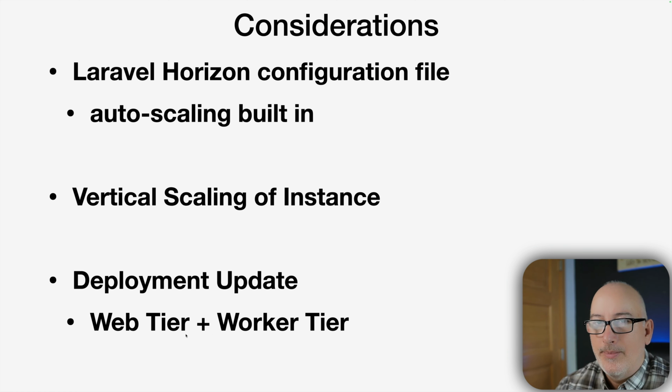There's a lot of steps. So the current GitHub workflow is to push that update automatically to our web tier. Our worker tier isn't getting an update automatically. So at some point, I'm either going to have to manually go in and update the worker tier, or the right thing to do is to automate our deployment scripts so that it automatically is pushing over that deployment to our worker tier.